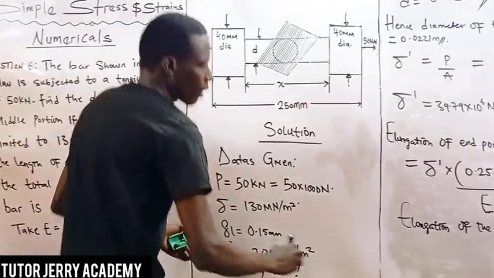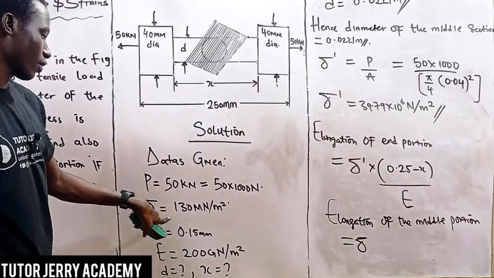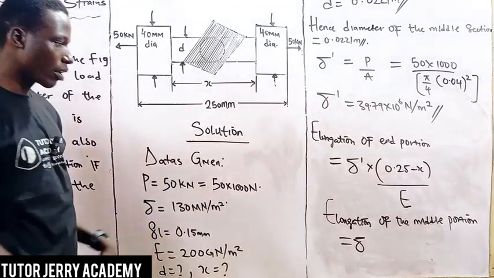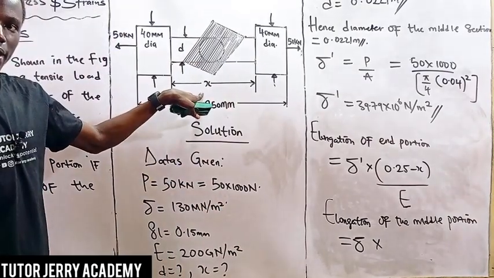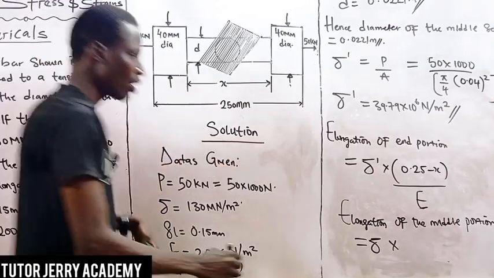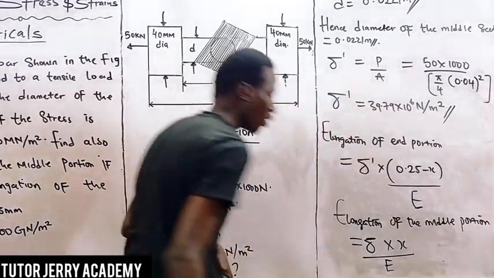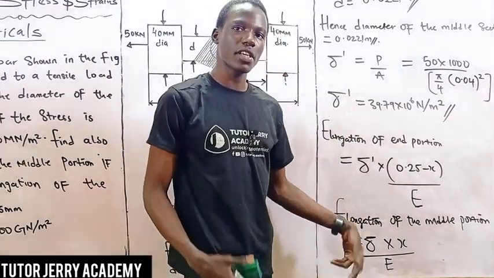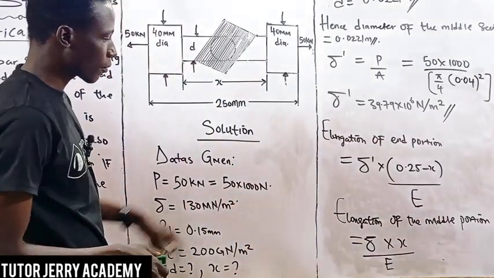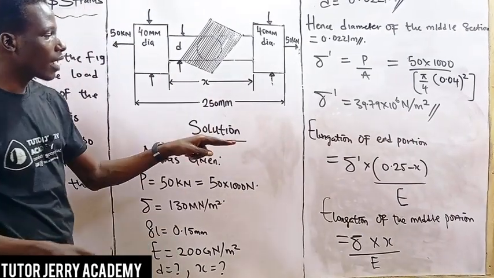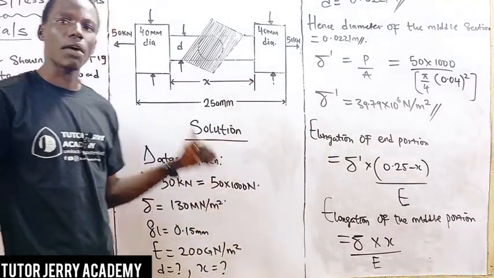So here we have sigma, which is 130 meganewton per meter square, multiplied by the length, which we don't know, so it will be x, all over E. Our relationship still remains the same. Next, I'm going to clean up here, and we are going to add these two elongations to get our total.